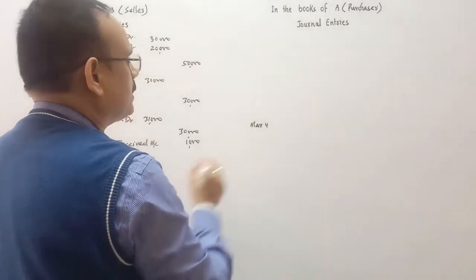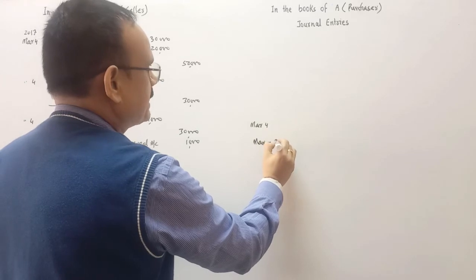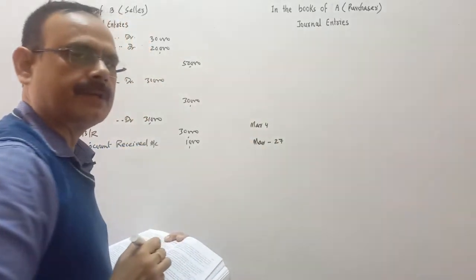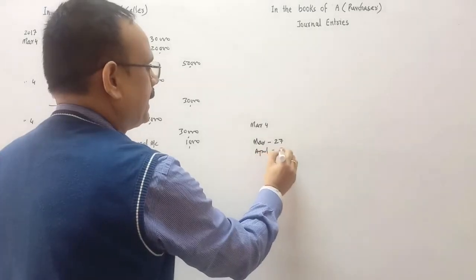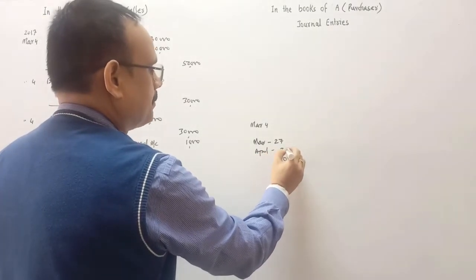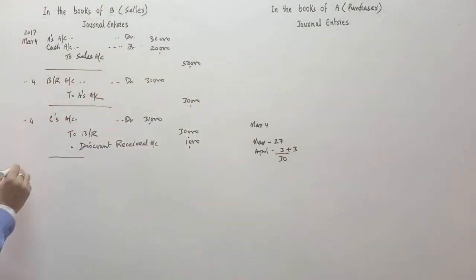In March, 27 days are left, as March has 31 days. Then April 3 days. So 30 days plus 3 days of grace, April 6 will be the date of maturity. On this date, the bill is dishonored.